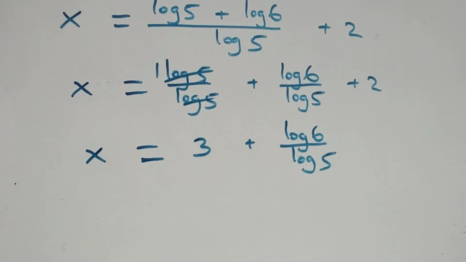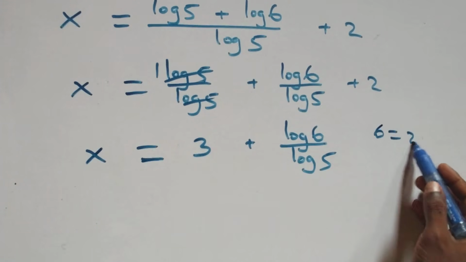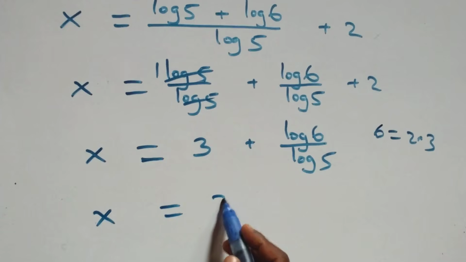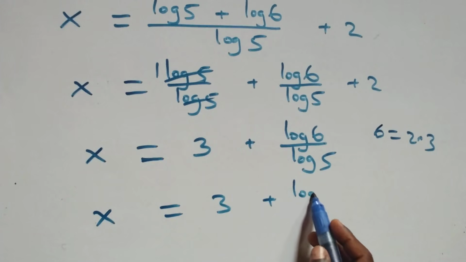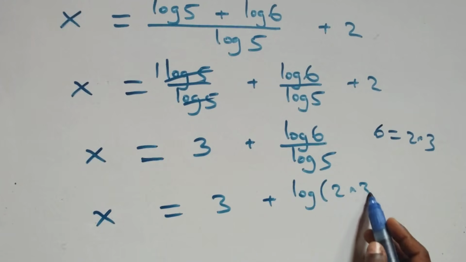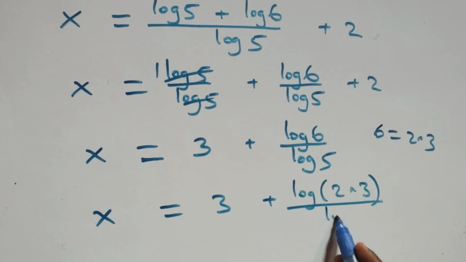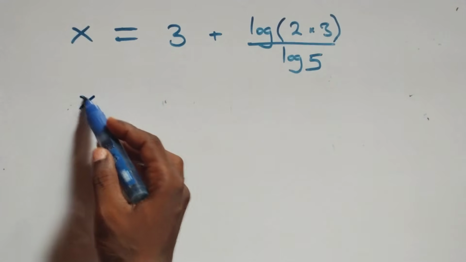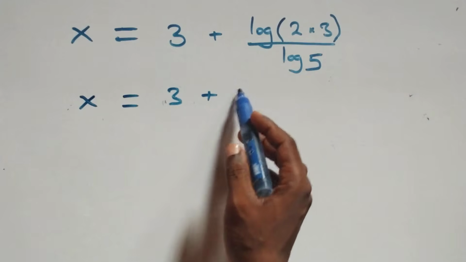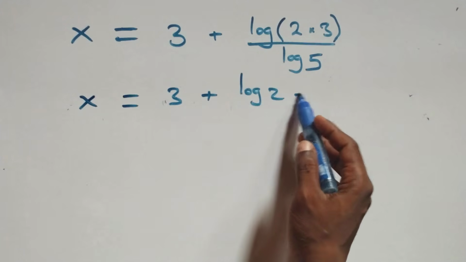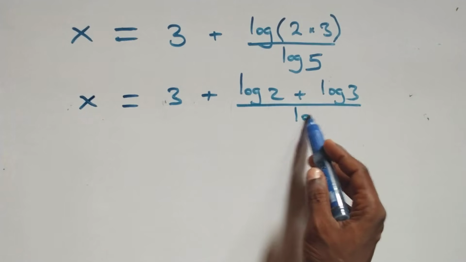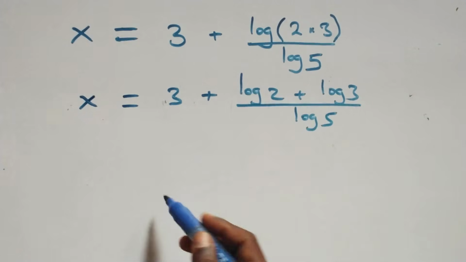Also, from here, we can rewrite 6 as 2 times 3. What we have becomes x equals 3 plus log 2 times 3 over log 5. Then this also follows the law of logarithm, and we have x equals 3 plus log 2 plus log 3 over log 5. Then we separate this into two fractions.